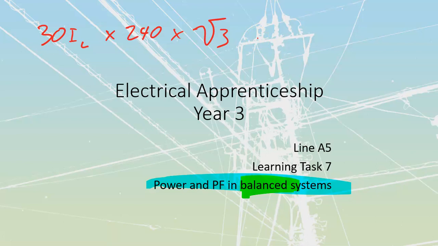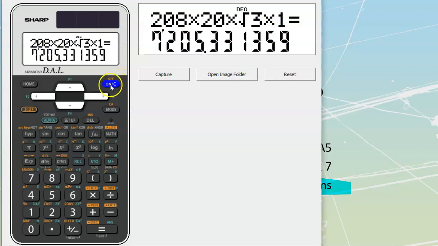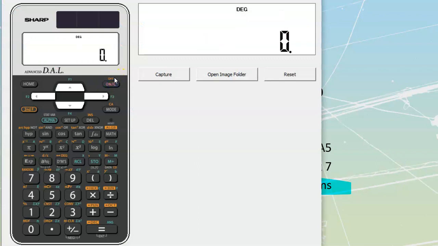And so the problem is we don't really know what 40 degrees is. We cannot multiply this by 40, okay? That would be bad. We don't want to do that because 40 is in angular degrees. What we need to do is find our power factor. And we can do that by taking the cosine of our angle over here. Our angle was given to us as being 40 degrees. So let's go into our calculator over here. We're just going to clear this.